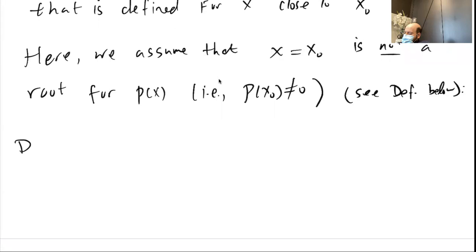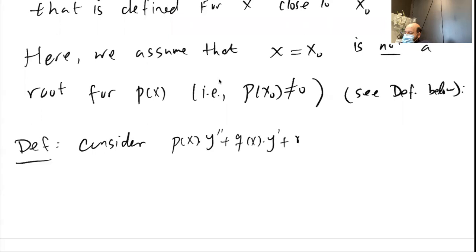The definition: consider P of x times y double prime plus q of x times y prime plus r of x times y equals 0.